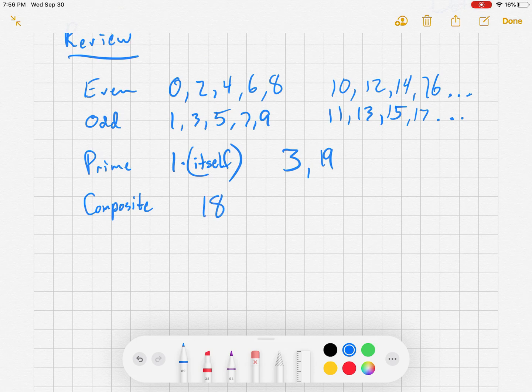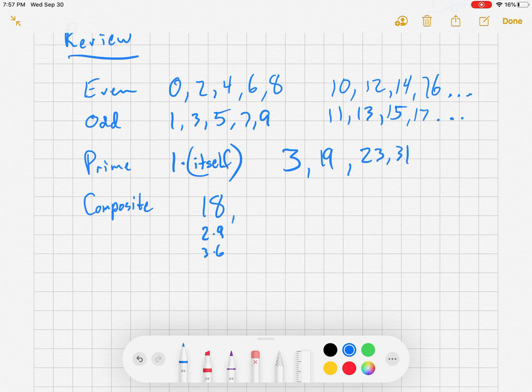Where something like 18 is 1 and 18, but it also has 2 and 9. Also has 3 and 6 too. So that's why it makes it composite. It's composed, the word compose is in composite, of multiple things to make that number. Okay. Another prime number would be 23, 31. Those would be other choices.